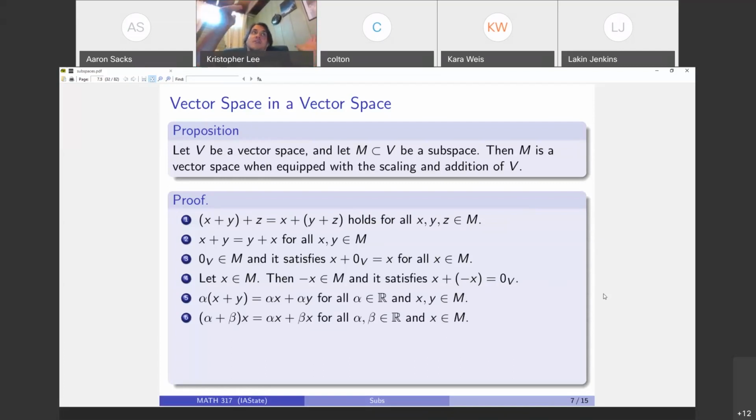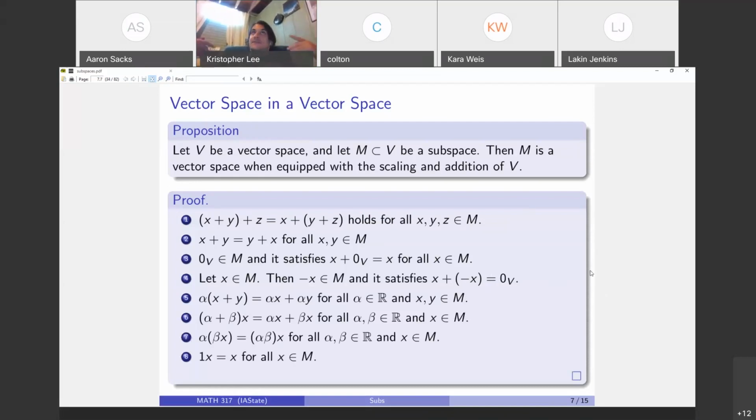The conversion of the addition of the reals to the addition of the vector space works the way we want it to. The conversion of multiplication to scaling works. And scaling by 1 doesn't do anything new. X is in M, which means it came out of V, so scaling it by 1 doesn't do anything.